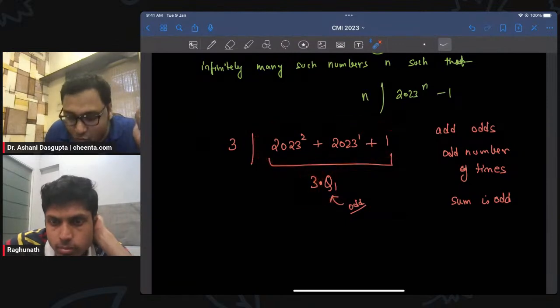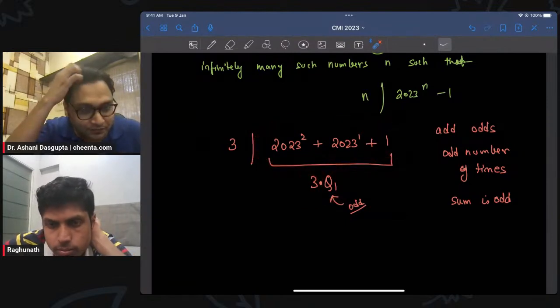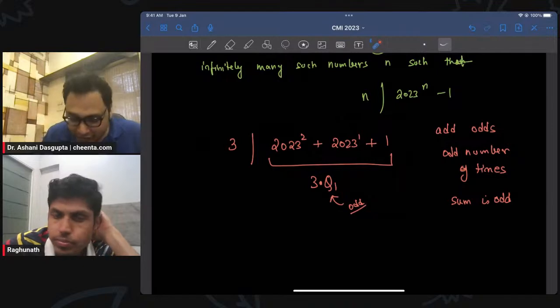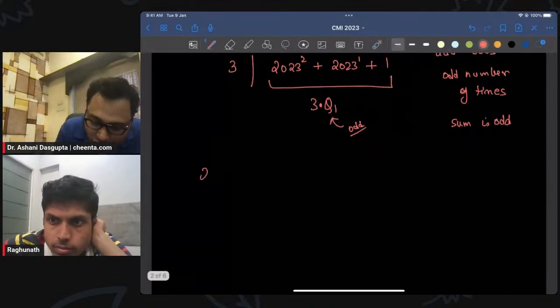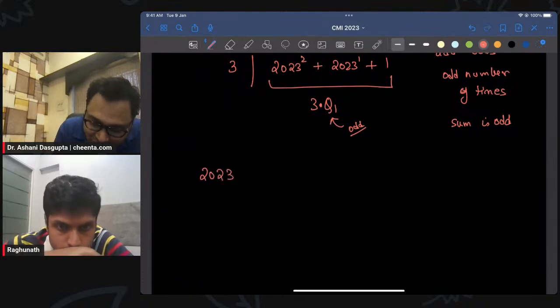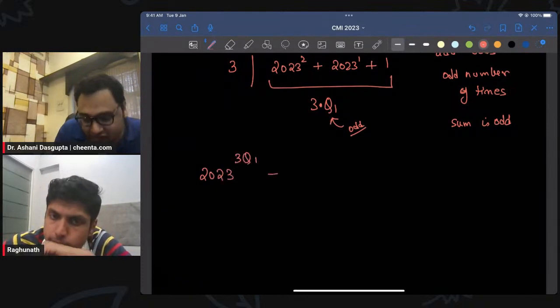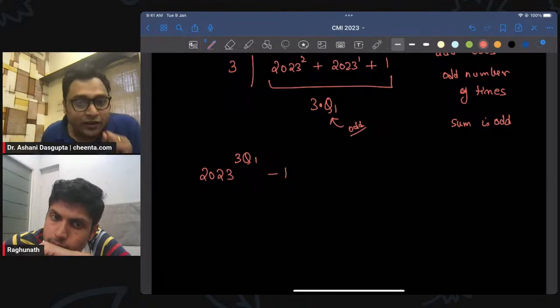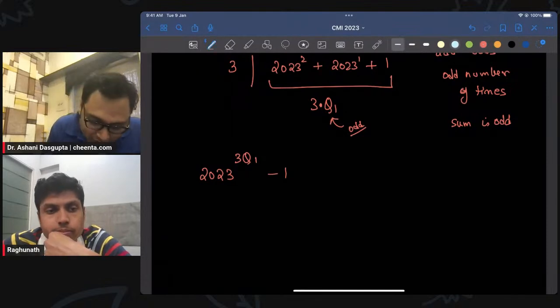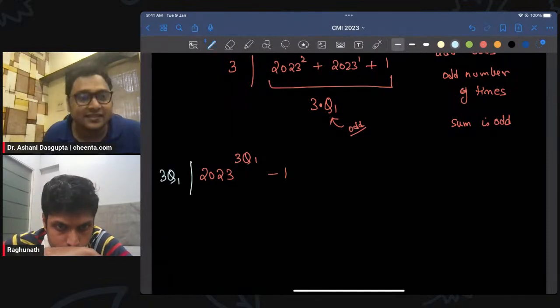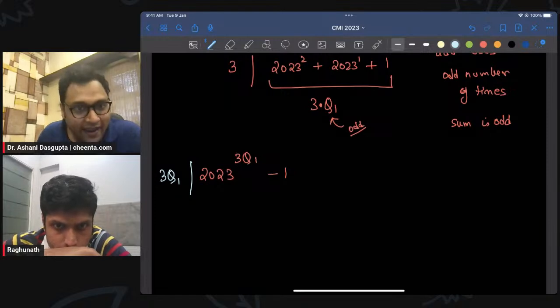So 3q1 is odd. So next what we do is we will work with 2023 raised to the power 3q1 minus 1. I'm going to show that this is divisible by 3q1. Why?